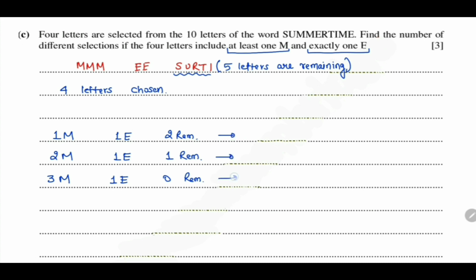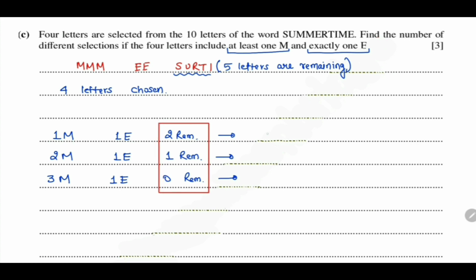We have already solved this type of problem earlier, and I will not take 3C1, 3C2, 3C3 in M and 2C1 in E, because M and E are identical, so that will not make any impact. So I will consider only remaining. We always consider remaining letters only in case of alphabets.